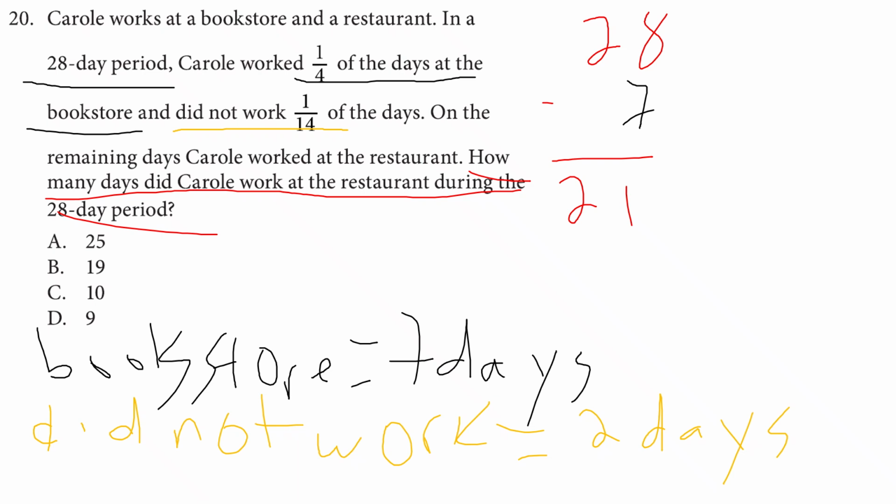And then we need to subtract the 2 days she did not work. And the number of days that she worked at the restaurant is 19, so B.